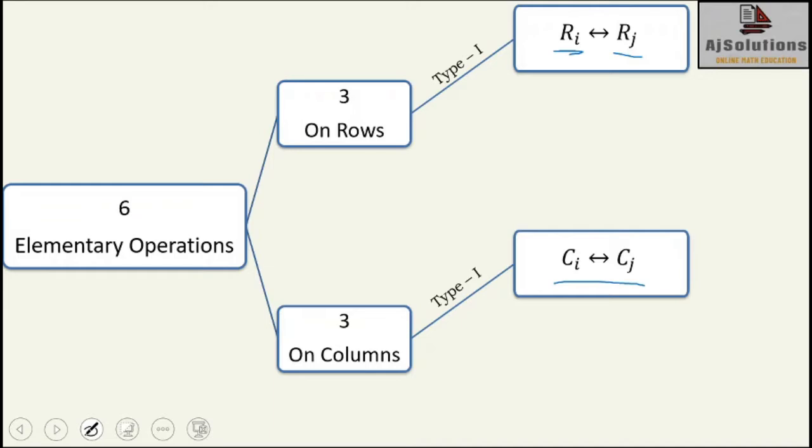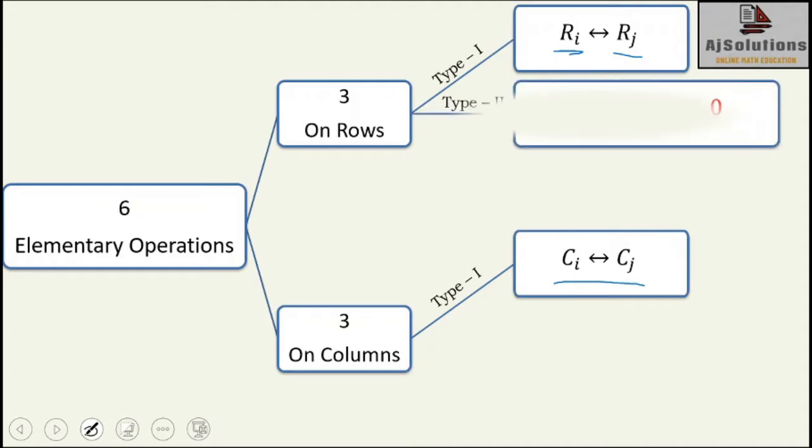In type 2 elementary transformation, we replace a row or column by its non-zero scalar multiple. The replacement of ith row by k times of that row is denoted by this, where k is some non-zero number.